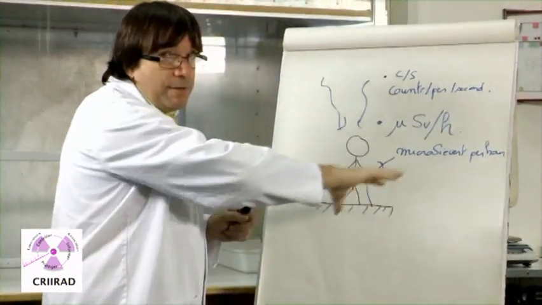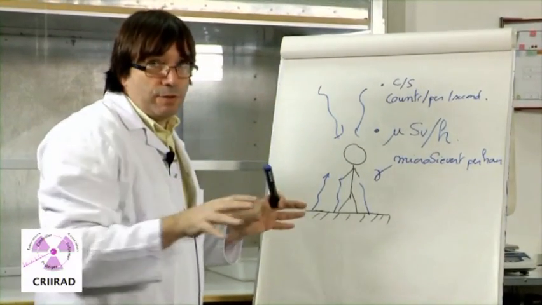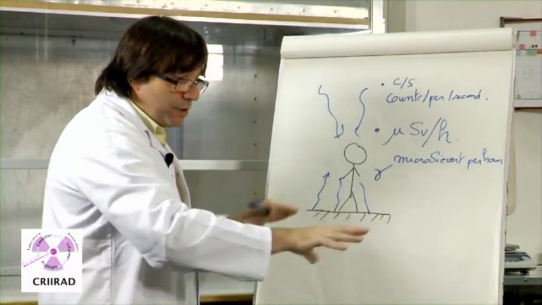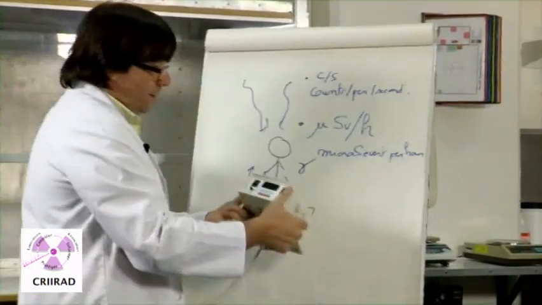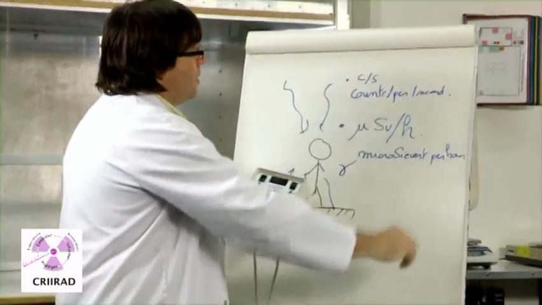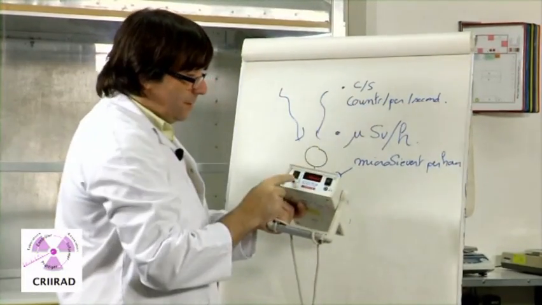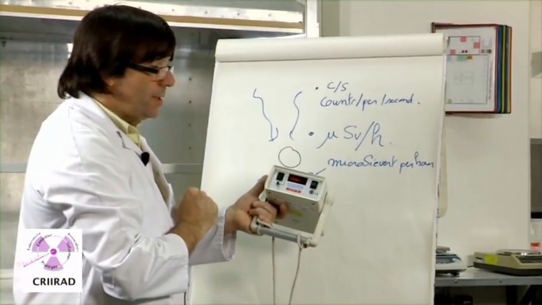So for example, in this room, at this moment, we are in a natural situation. We have no artificial sources of radiation, no contamination of the soil, and if we measure the amount of gamma radiation in counts per second, we will get a value which is not zero.